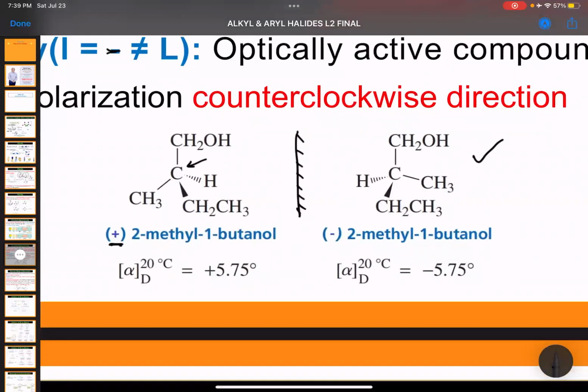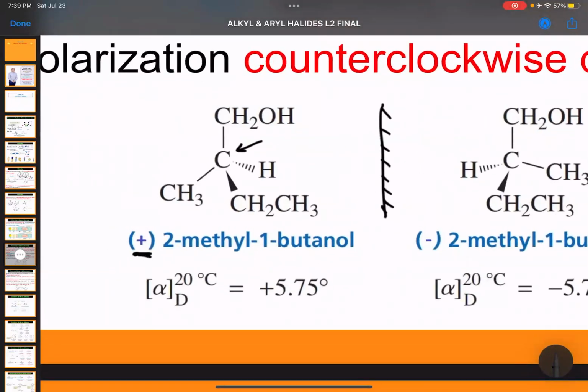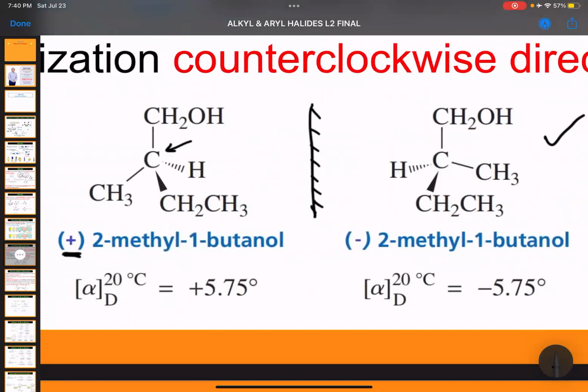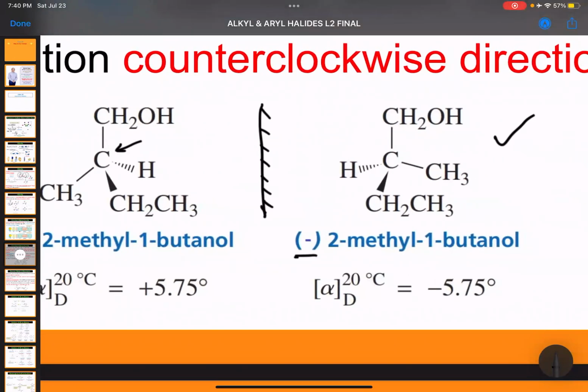Let's say this one is found by experiment to rotate clockwise; it is dextrorotatory, and that's why the plus sign is there. So if you find that one of the molecules is clockwise, then you can say orally that its mirror image isomer will be anti-clockwise.